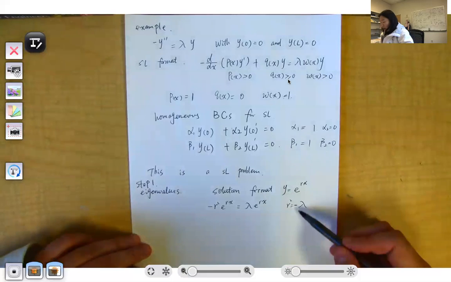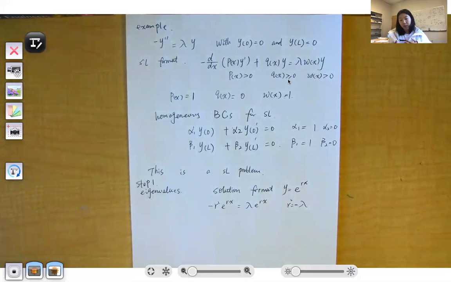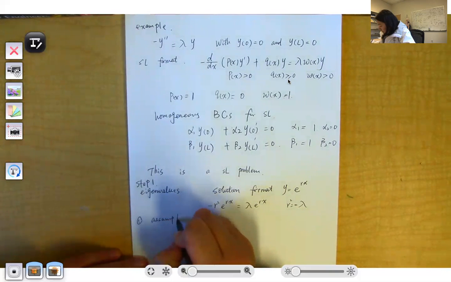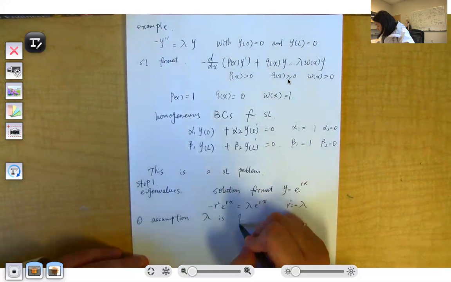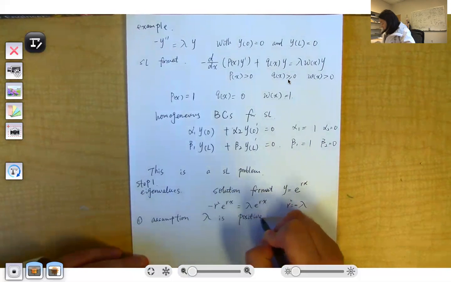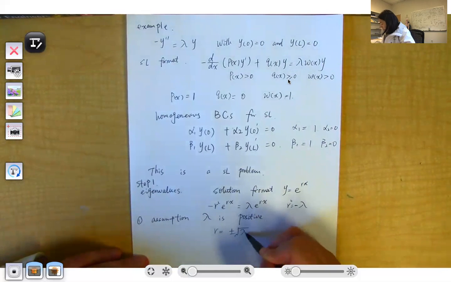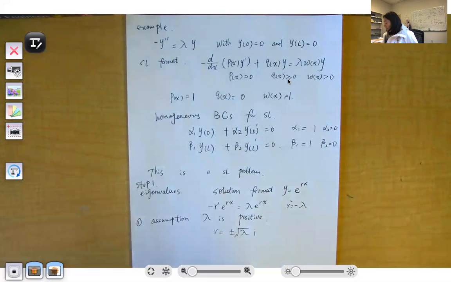And let's make an assumption for lambda, because whether this lambda is positive, negative, or zero will lead to different roots of r. So first, let's make an assumption: my lambda is positive. So r will equal plus minus root of lambda i, right? This is a complex number, plus minus root of lambda i.